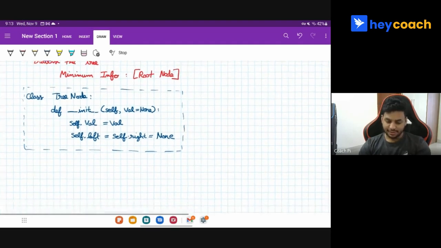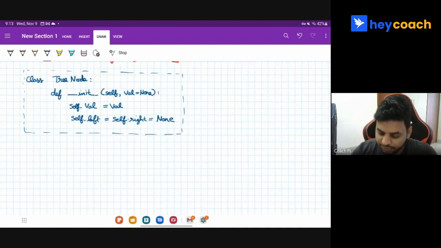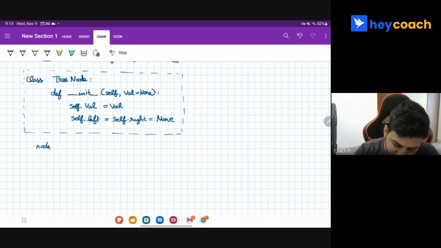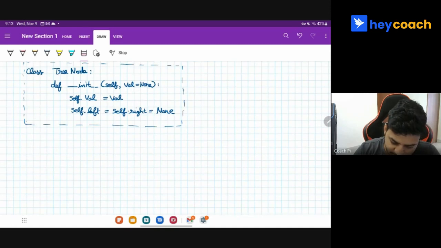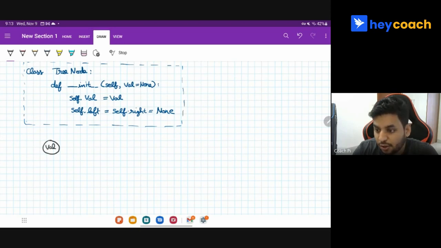Okay. So let's see how this particular node will be initiated. Let's say we want to create a particular node. Initially, when this node is constructed, it will have a value which is optional, which will be None, or which will have a certain value. And initially, the left child will point to None, and the right child will point to None.